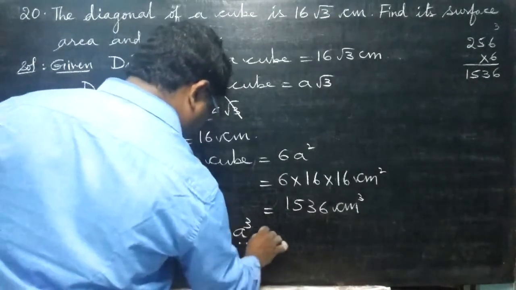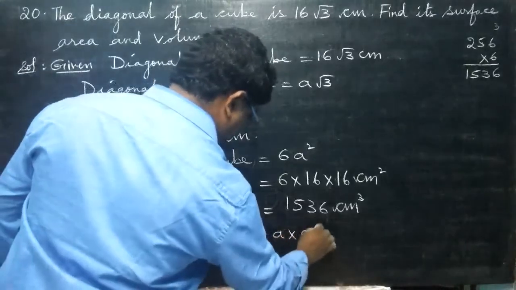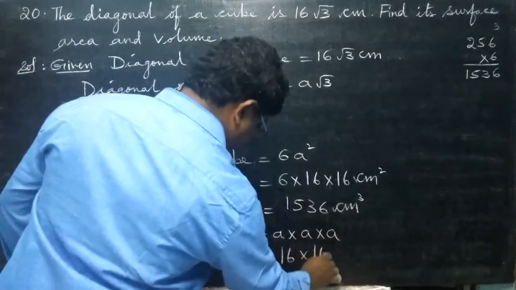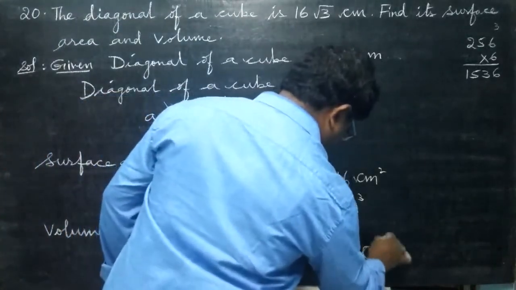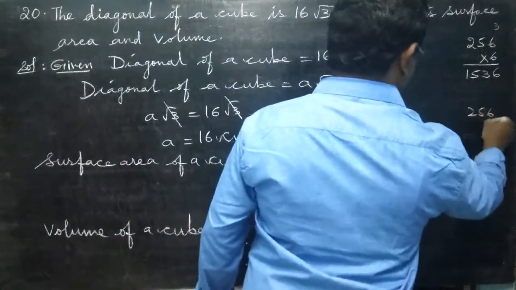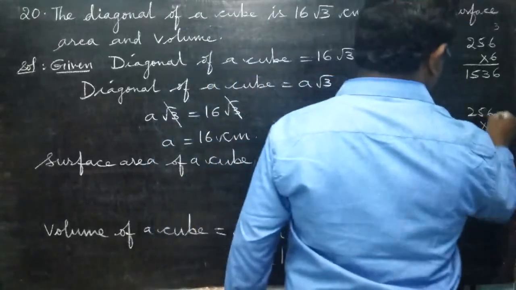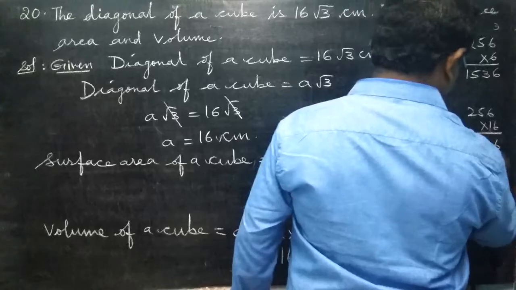What's the meaning of A cube? Means A into A into A. That is equal to 16 into 16 into 16 centimeter cube. 16 16s 256 into 16. Multiply 6 6s are 36, just now we got, and again 256.